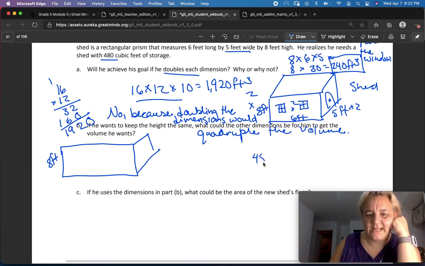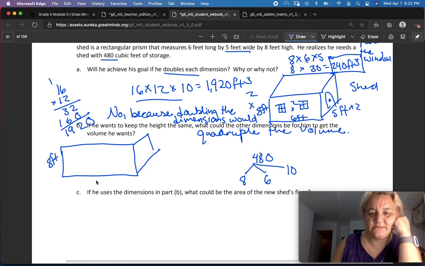So 480, and we said we wanted to change that into 3 different numbers, and the first one we're going to keep at 8. Well, 8 times 6 would be 48, right? And instead of 5 feet, if we did 10 feet, that would be 4,800, right?